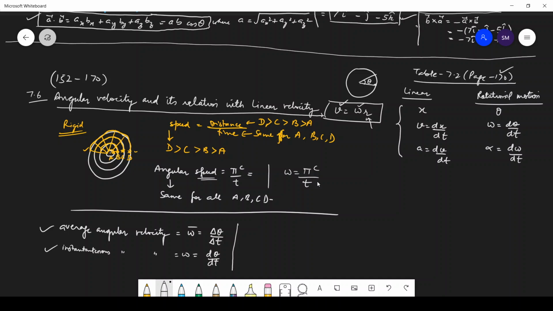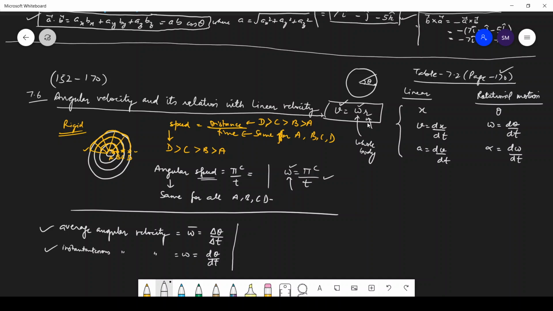So that is why the angular velocity omega for all the particles is the same. So that is why we write this omega, because it is the same for all the particles of the body. So we say it is the angular velocity of the whole body.